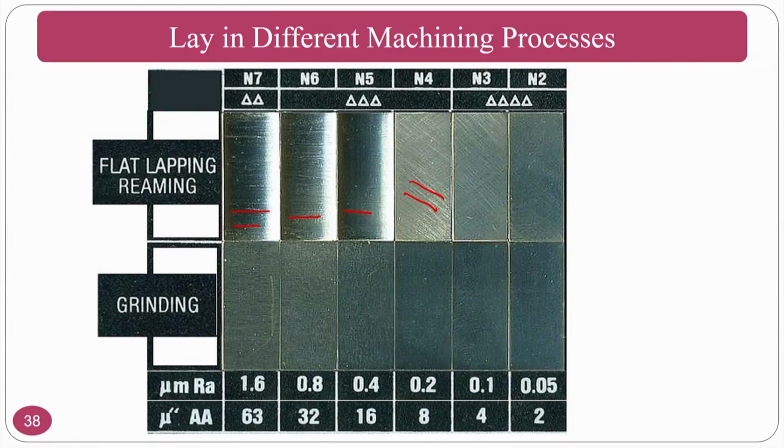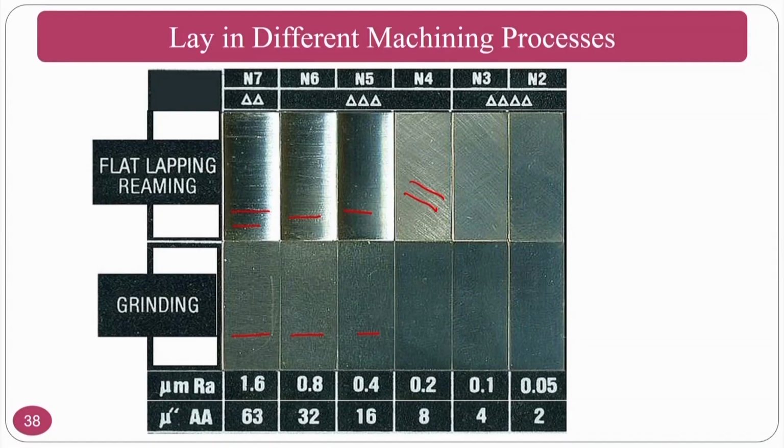Grinding, normally you will get a parallel and perpendicular type of pattern, depending on which direction you are seeing the surface. If you are seeing in a direction parallel to the surface lay, that is parallel. If you see the perpendicular, then it will be perpendicular. So, the surface in one direction, it is how you are seeing or how you are going to measure whether it is parallel or perpendicular. One side it is parallel, one other side if you see it is perpendicular. That is how the grinding and lapping surface lay is.